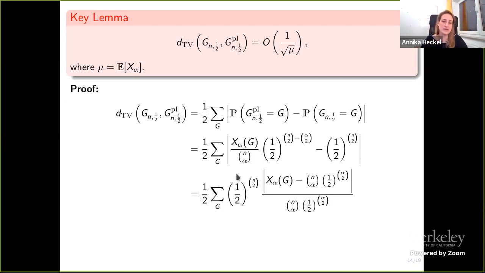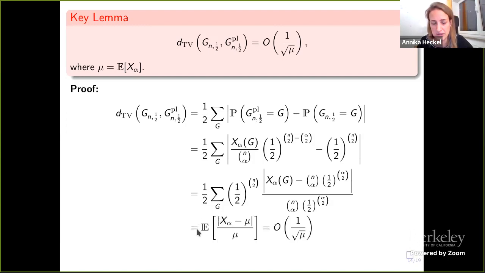Okay, and here we have a sum over all n-vertex graphs. And the weights here are the weights these graphs get in G(n, 1/2). So this is actually just an expectation. Oh, I'm missing a factor 1/2 here. But it's 1/2 times the expected deviation of X_alpha from its mean, divided by its mean. Okay, and now we can just use that.